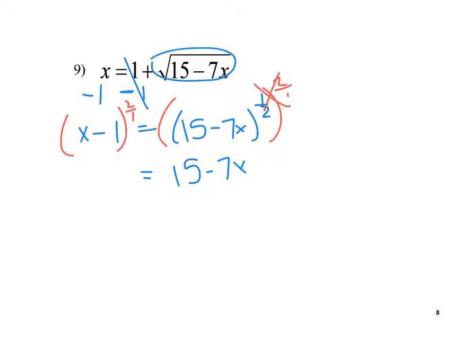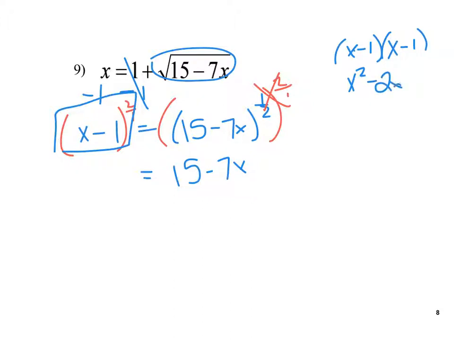And then when I square this guy, remember that's like the box method, x minus 1 times x minus 1. And when I do that, I get x squared minus 2x plus 1. Okay, and now it's a quadratic.